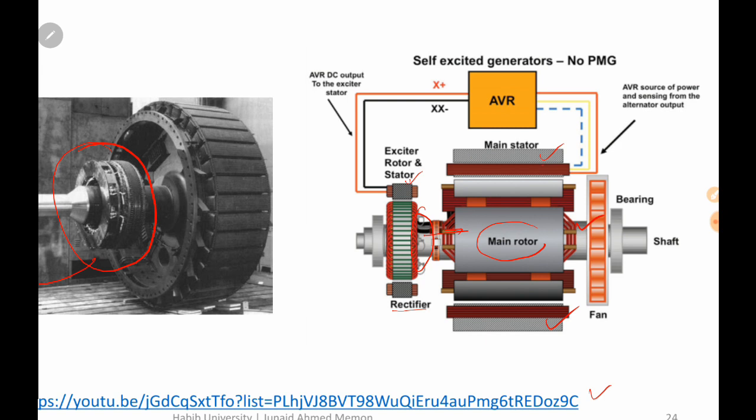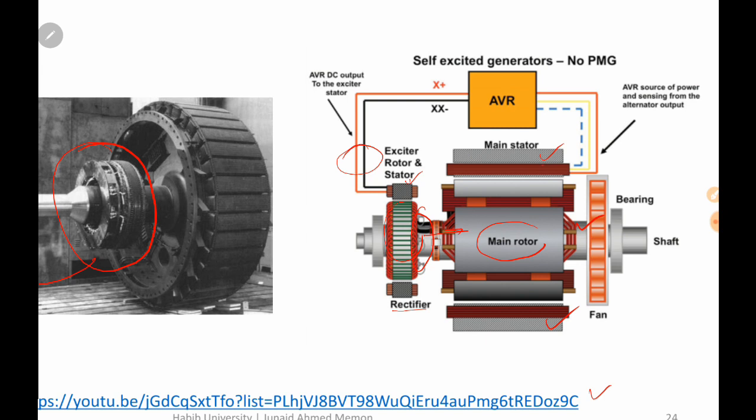So with this basic structure, this is the field winding of your exciter. If you vary the field winding current, which is very small, you will vary the magnetic field here.